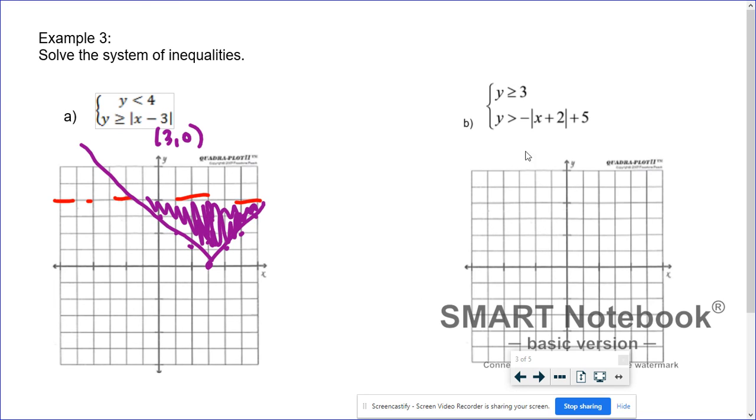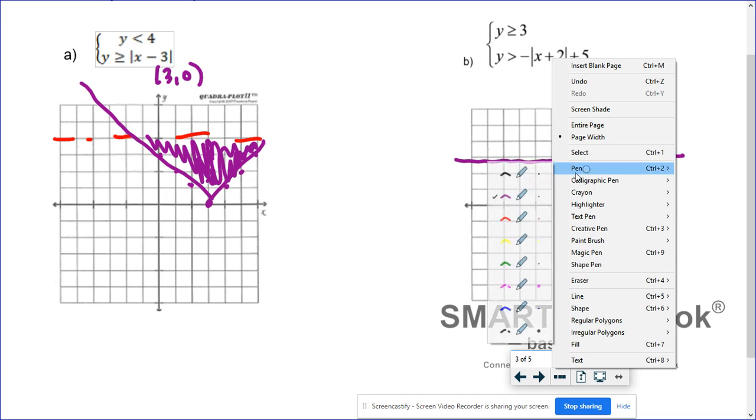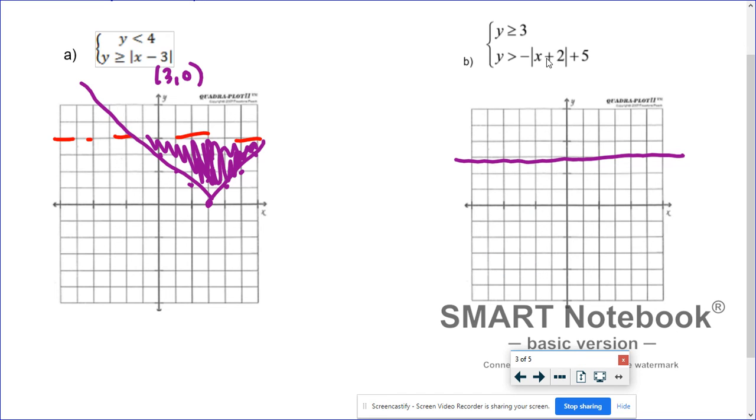All right, similar deal over here. y is less than or equal to 3. That would be a horizontal line through 3. This has a vertex at -2, 5.